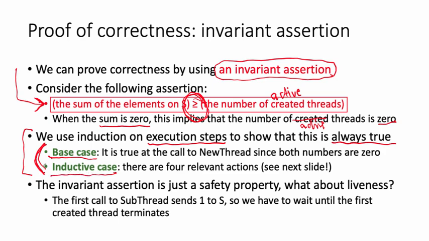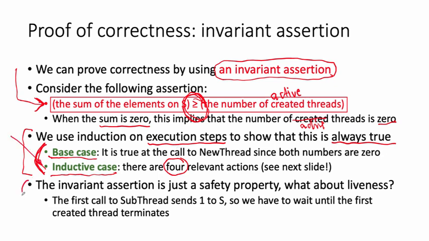Well, what do we have to worry about? In general, we have all possible execution steps to worry about. This seems to be very hard, but in fact, it's not that hard because there are only 4 possible steps that could change the truth of the invariant, which I'll show you. So we'll see that in the next slide.